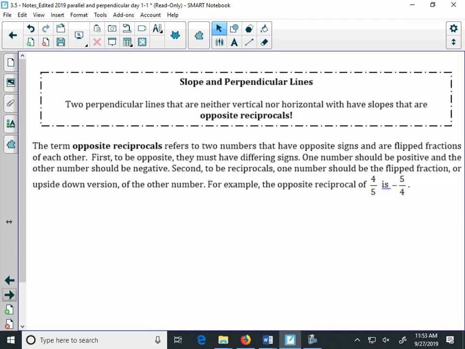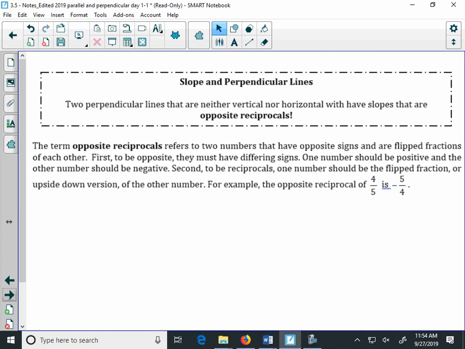Perpendicular lines are a little different. Perpendicular lines, if you remember, are lines that intersect and form what type of angles? They form right angles. For that to happen in the coordinate plane, perpendicular lines have to have opposite reciprocal slopes. Opposite means they're opposite signs, one's positive, one's negative.